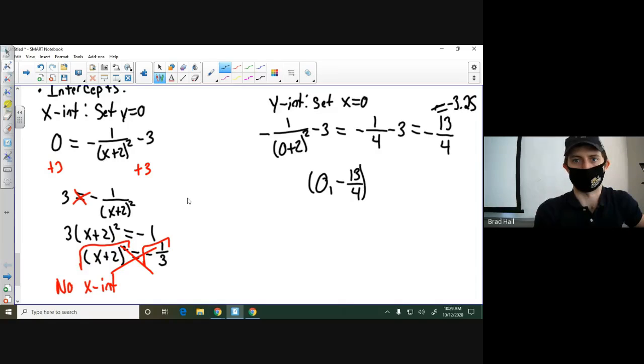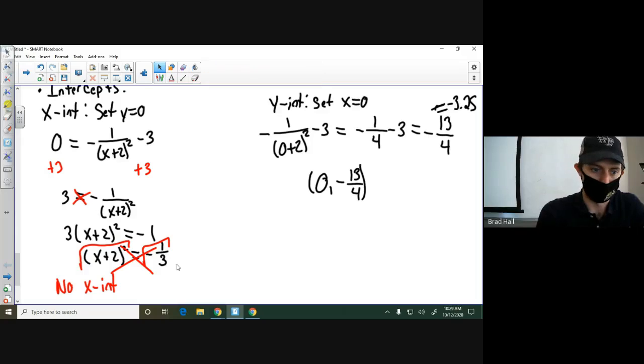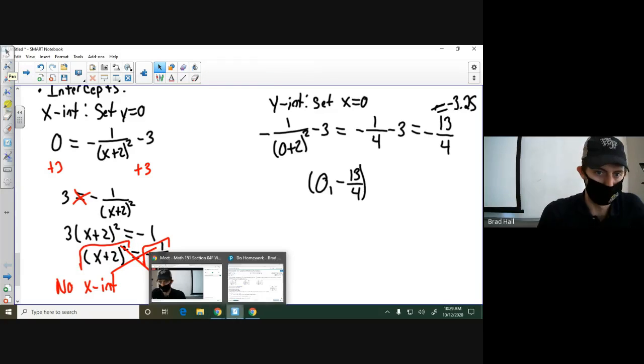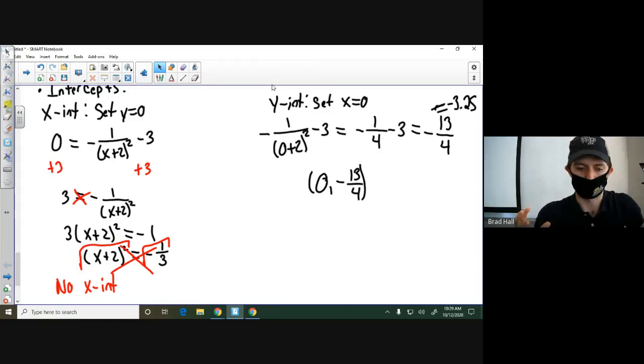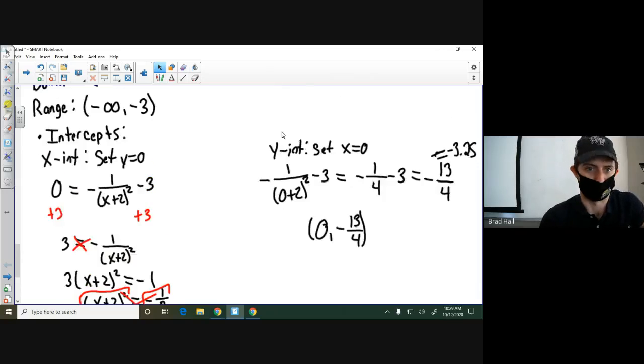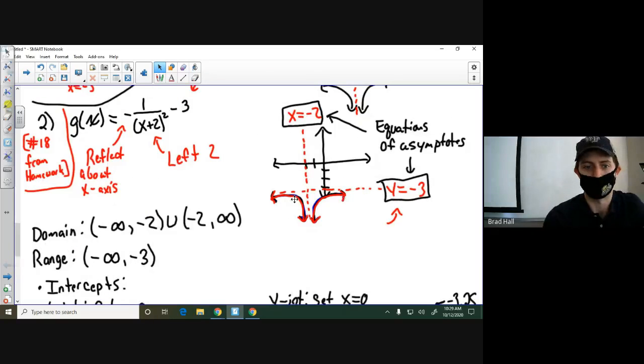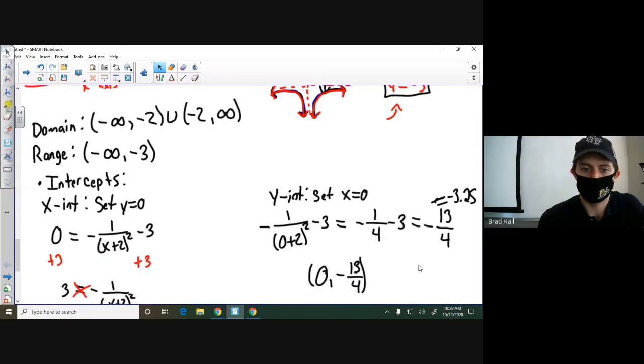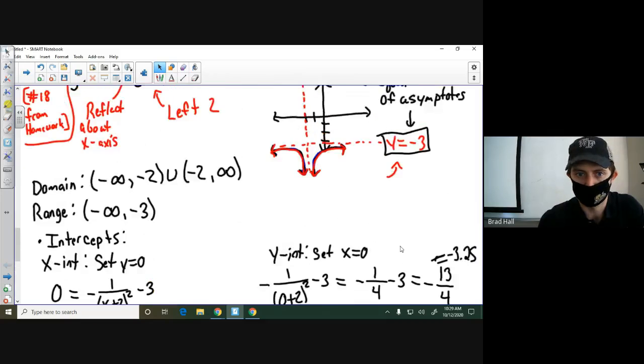And I'm going to also provide the decimal approximation, because now we're going to graph, well, we don't have to graph this whole thing because we already have the graph here. But if we were to include this point on the graph, x would be 0 and y would be negative 3.25.